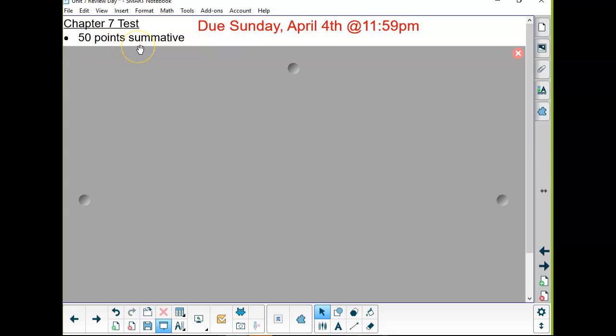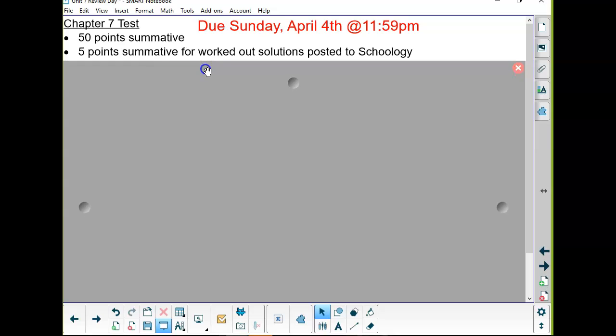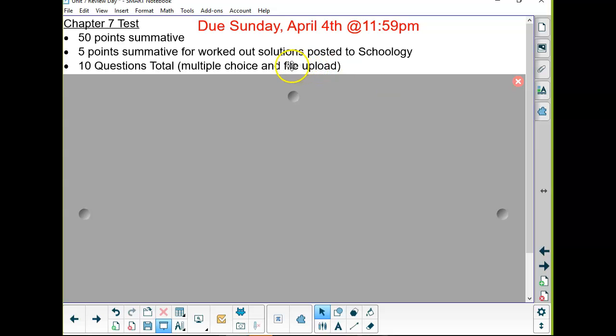It is going to be a 50-point test. It's on Schoology. An extra 5 points will be just posting your worked out solutions to Schoology. So I just want you to remember that. You always show all your work and submit it to Schoology, even though 3 of the questions are file upload questions, so you do have to take pictures and submit them.